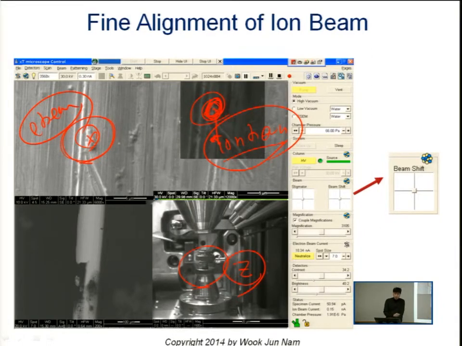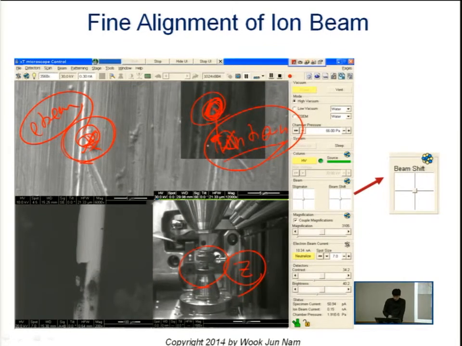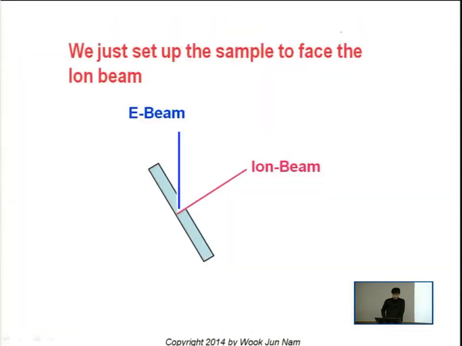So using this fine alignment, we can match the position of the sample just right for both the E-beam column and the ion beam column. So this is the final process to make the eucentric point. It is something like this.